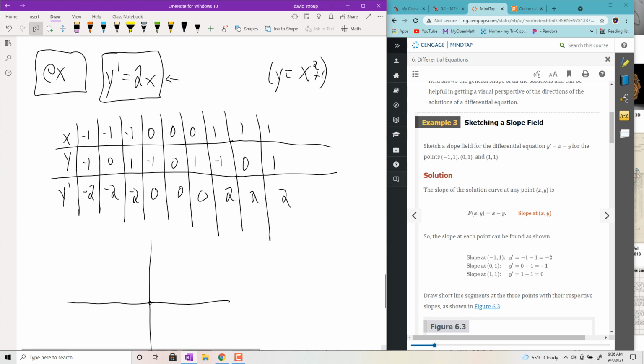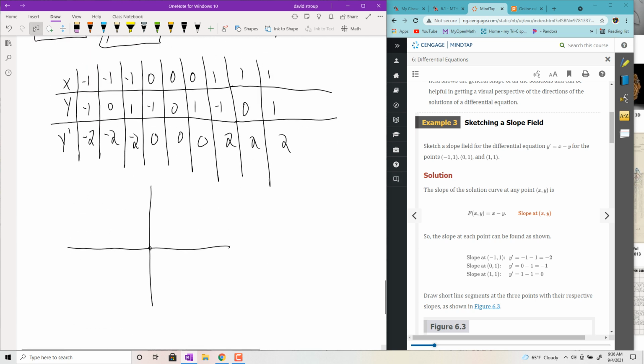Okay. All right, so down here in the graph, wherever I see one of these points, I'm going to put a little tick mark to represent a slope. So first at x equals negative 1 down here, I'm going to put a little tick mark that has slope negative 2. So down 2 over 1, and it looks something like that, right?